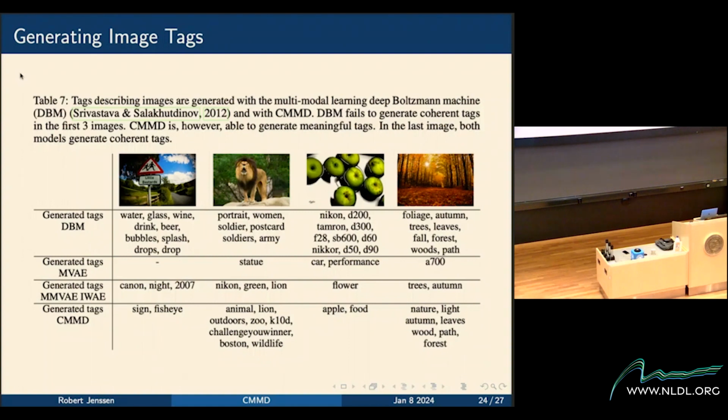But in any case, you can see that for this particular image, for instance, our method says sign and fisheye, and we have these alternatives for the other methods. And then you can see similar things here. So on this, for instance, maybe not too strange, at least. And to be honest, I don't know what A700 actually means in this case, but that's what came out of this alternative.